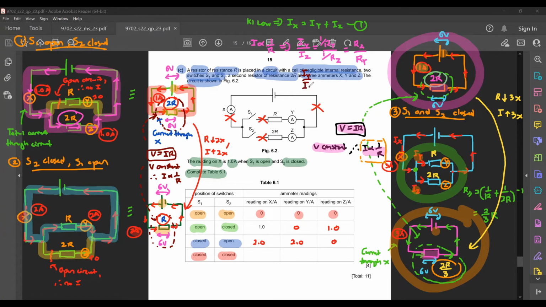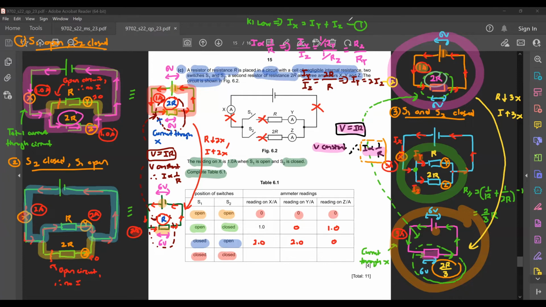IY over IZ is actually going to be 2R over R, which in turn gives me IY being 2 times IZ. This is relation number 2, sorry, not number 1. This is relation number 2 that you can get.